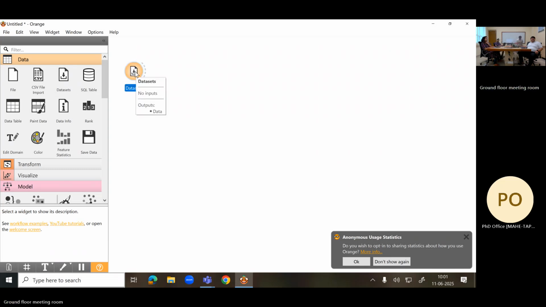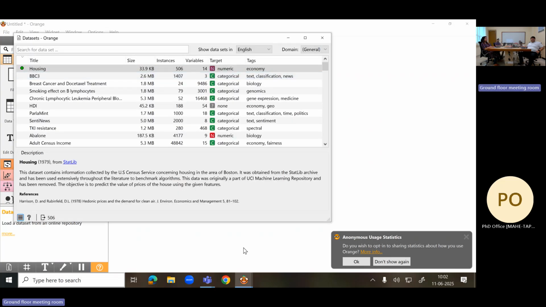There are plenty of data sets in Orange which lend themselves to logistic regression, but we will pick up some standard, good data sets. Let's pick up the housing one, which we used as a standard.